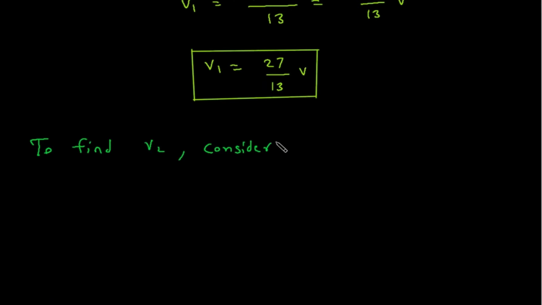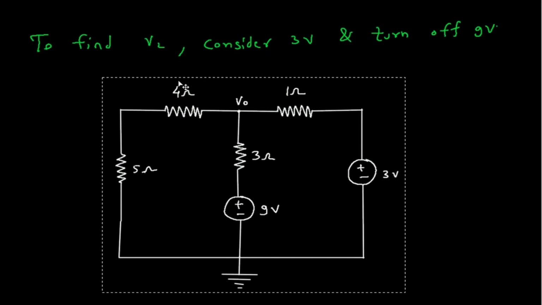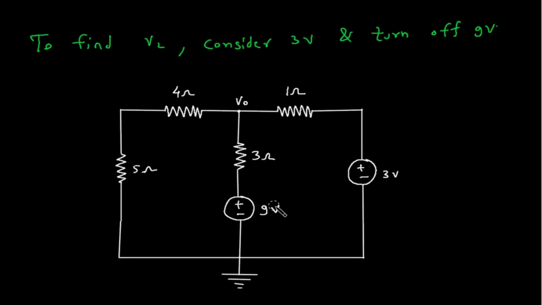When we turn off 9 volt voltage source, that will be a short circuit, and this is V2, so this will be V2.